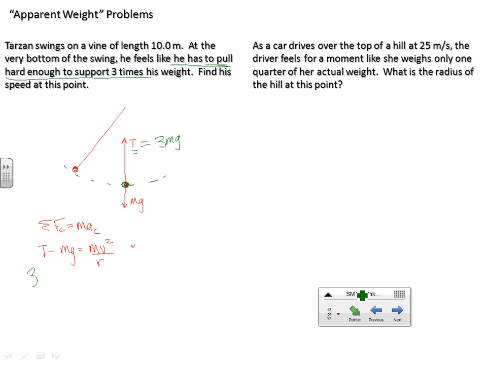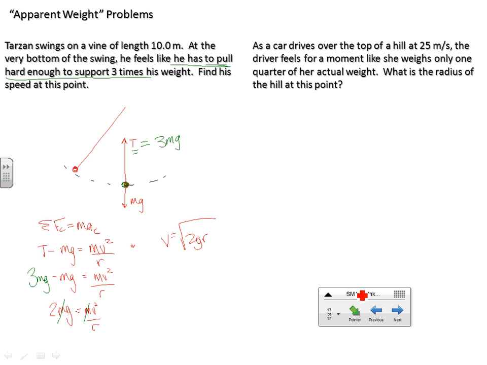So this is 3mg minus mg equals mv squared over r, or 2mg is mv squared over r. Doesn't matter what Tarzan's mass is. Find his speed. V is the square root of 2gr.